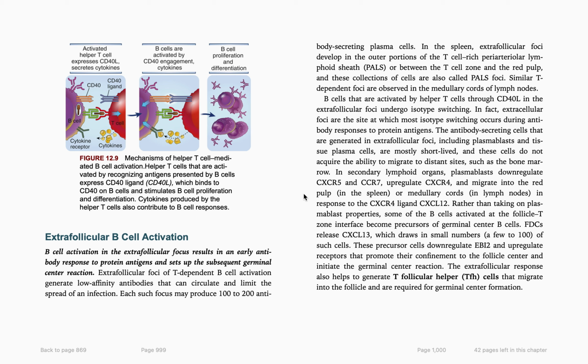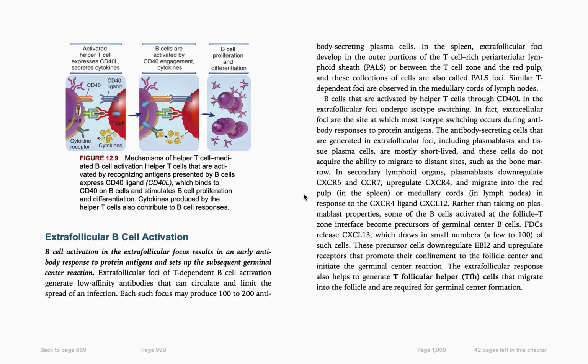CXCL12. Rather than taking on plasmablast properties, some of the B cells activated at the follicle T cell zone interface become precursors of germinal center B cells. Follicular dendritic cells release CXCL13, which draws in a small number, a few to 100, of such cells.